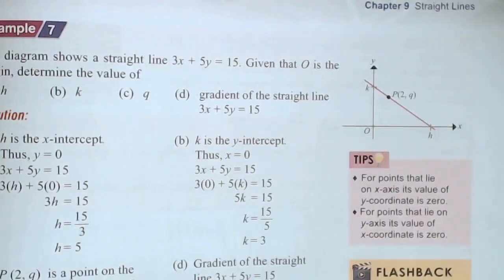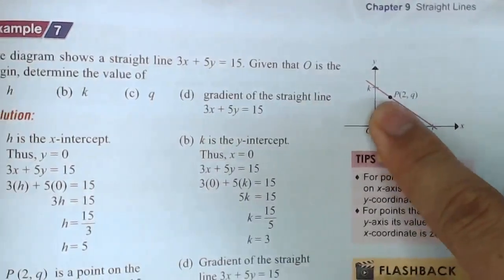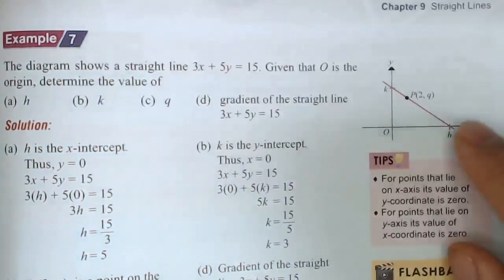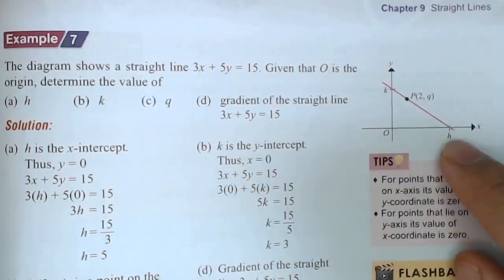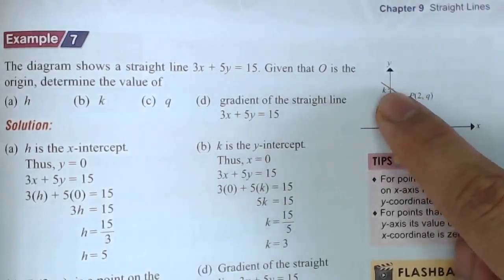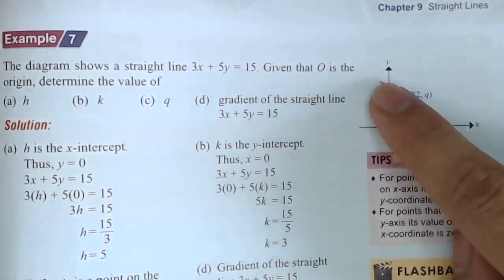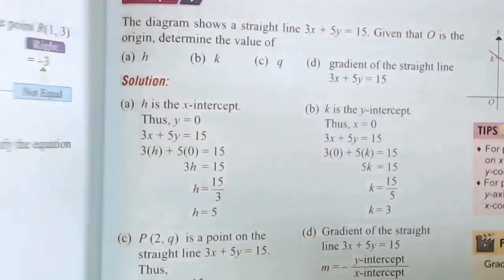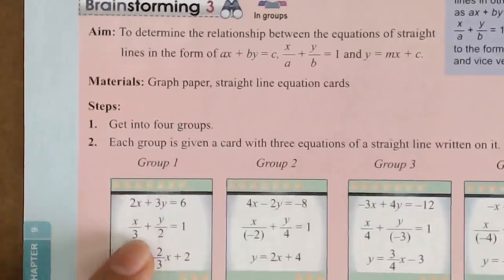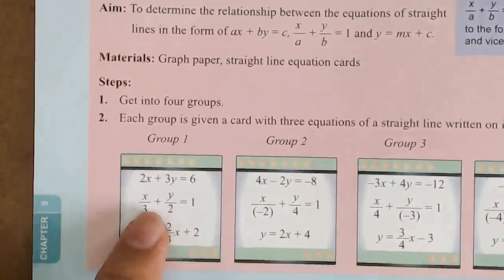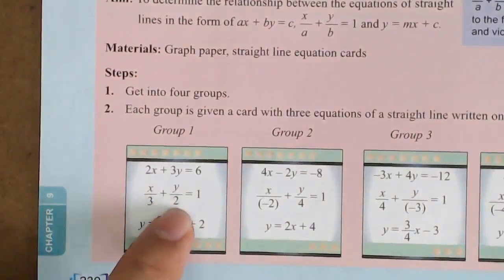Do you still remember how to get this h and k? This h here is like a and b, remember? We got point A and B. If we can transform this form to this form, then we'll know what A and B are.